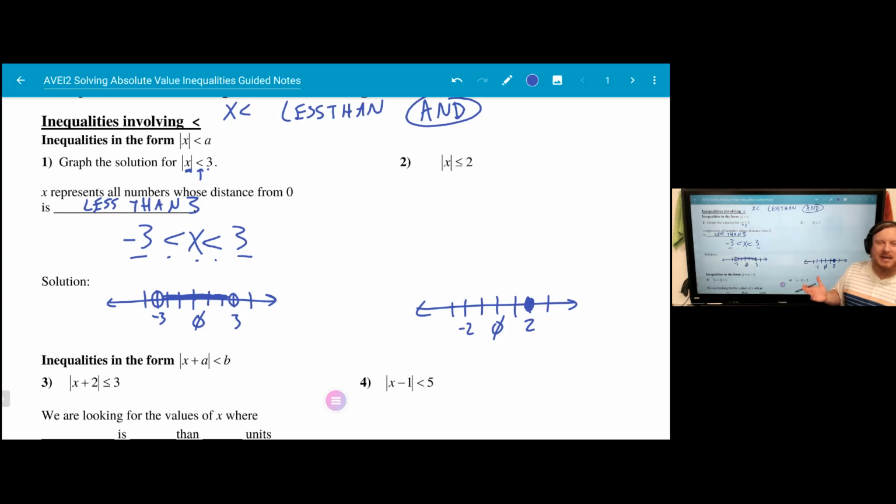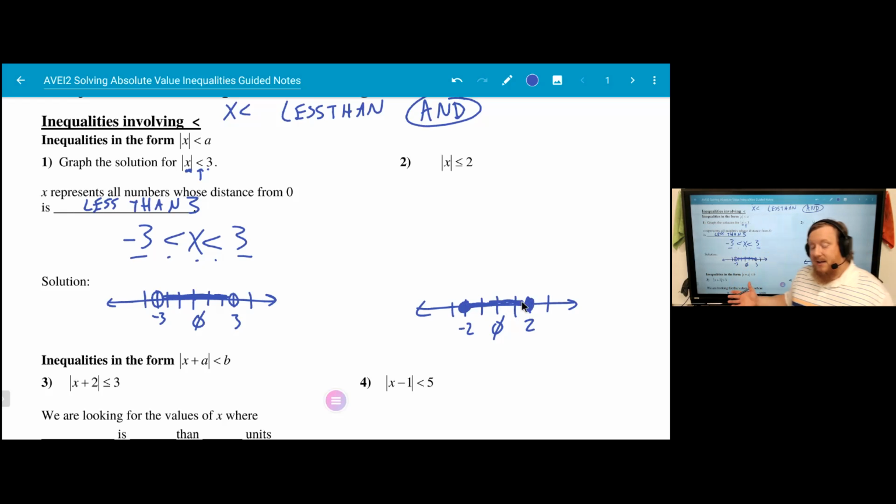It can't be 3 because the absolute value of 3 is not less than or equal to 2. I start coming this way, 0 still works, 1 still works. If I get to -2, that also works. So I'm going to go ahead and put a closed point saying that I could have between -2 and 2, including those values.